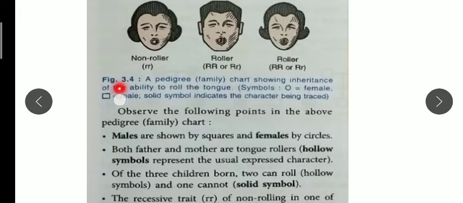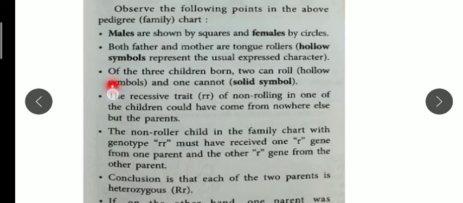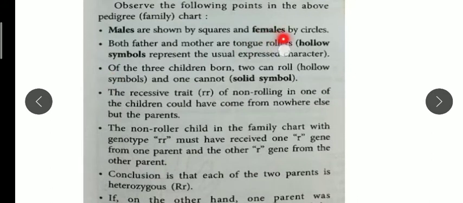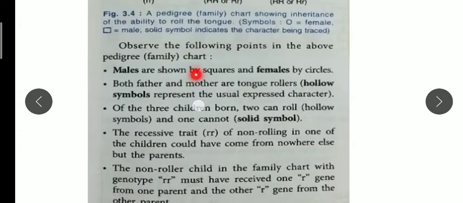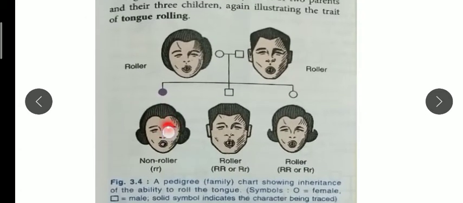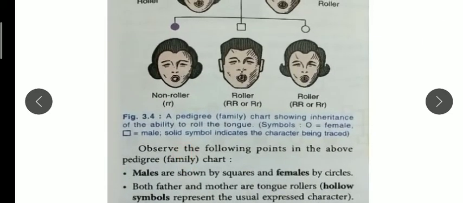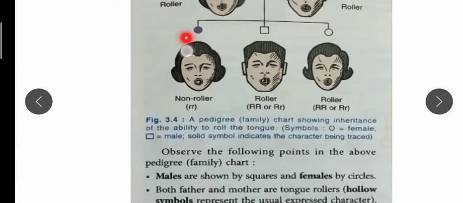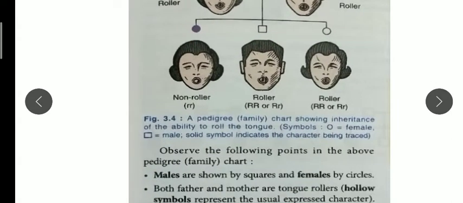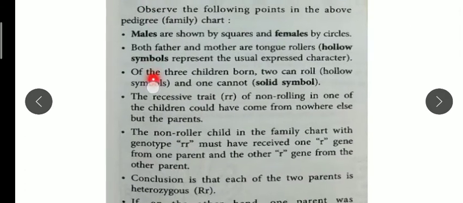Now this is the pedigree chart. Males are shown by squares and females by circles. In this, both father and mother are tongue rollers, so they have the hollow symbol. You can see it is hollow, and this one is a filled, completely solid symbol. It is colorful also, so they are showing it here.